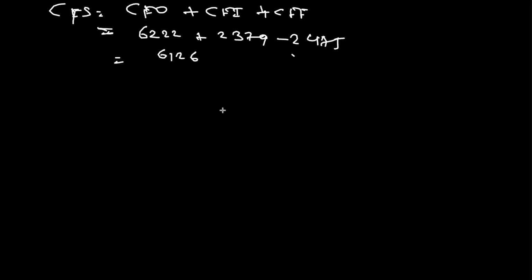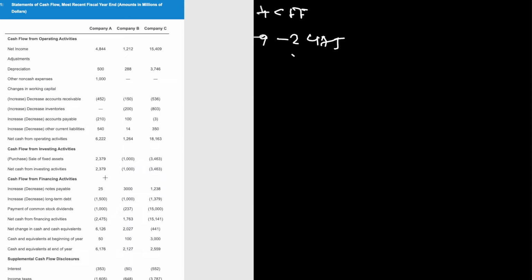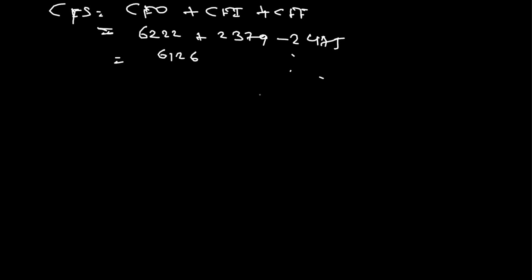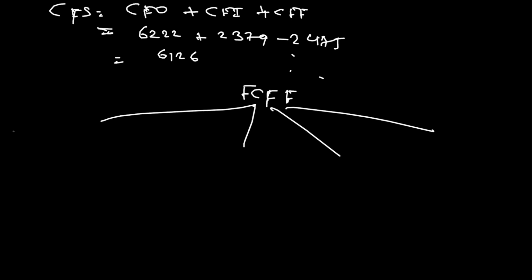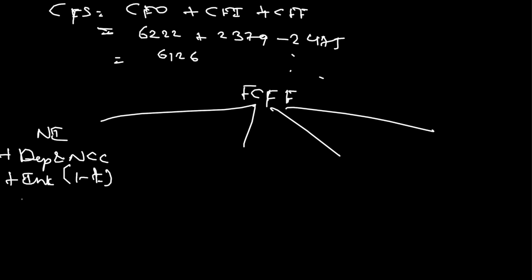Otherwise, we are here for doing a sum on free cash flow to the firm and free cash flow to equity. So let me write the formula first. Free cash flow to the firm, there are four formulas. Number one: net income, plus depreciation and other non-cash charges, plus interest into 1 minus tax rate, then plus or minus working capital investments.